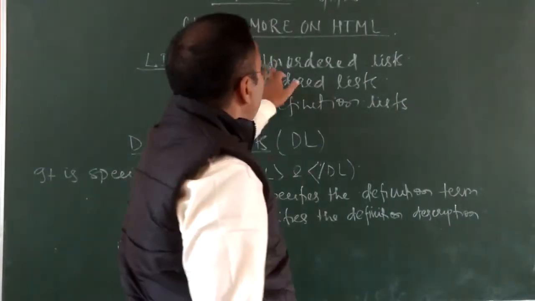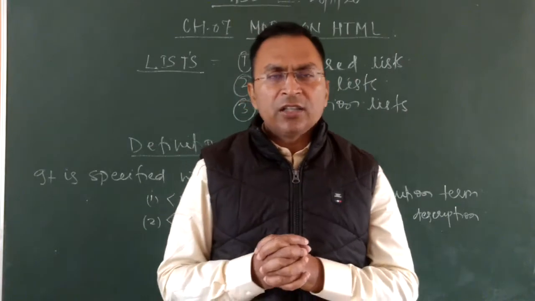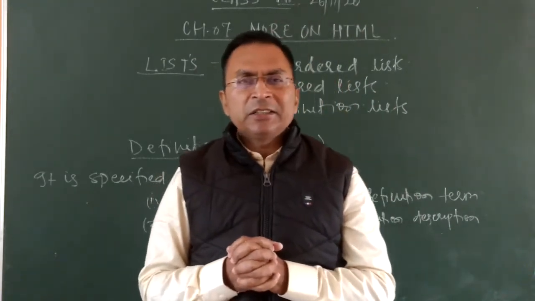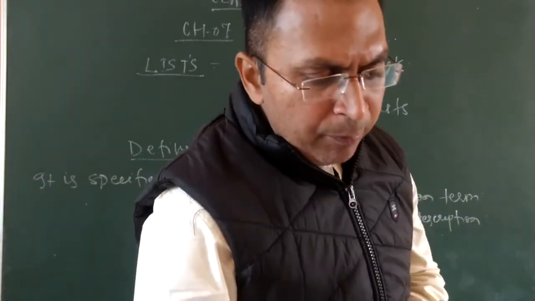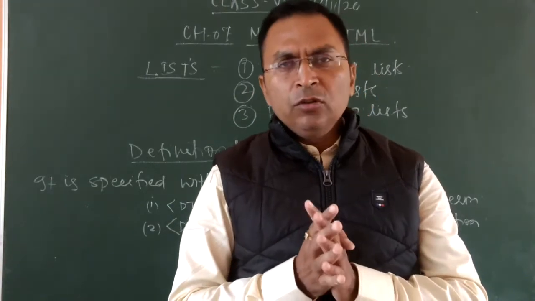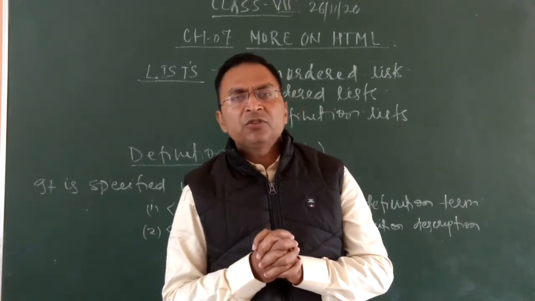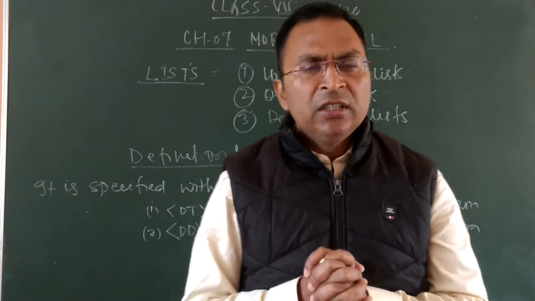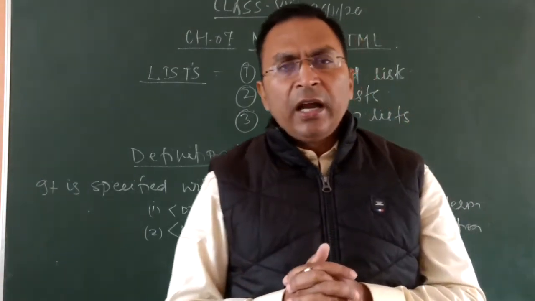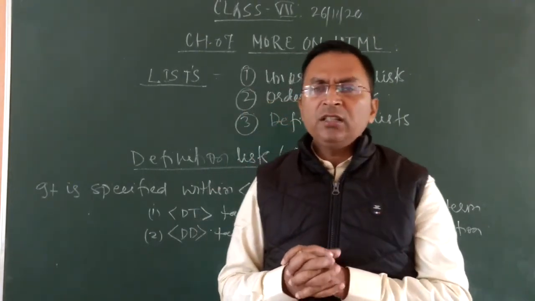Now this is the ordered list. Under this ordered list, in the previous video, we got an idea that its code is divided into three types: type, start, and value. For students who were not present in that session, I am repeating it once again, so let's concentrate, and if you have any doubts or questions, you can consult me at any time.